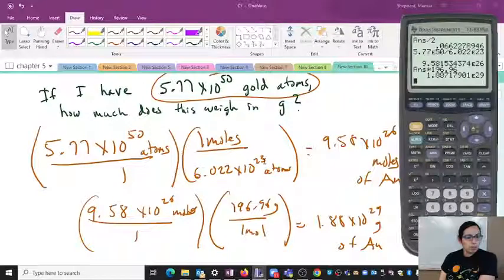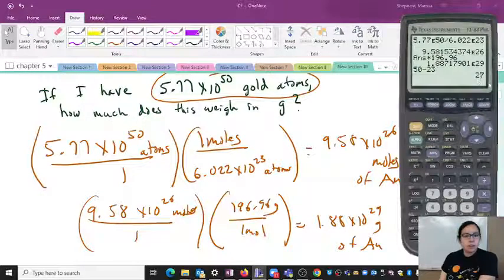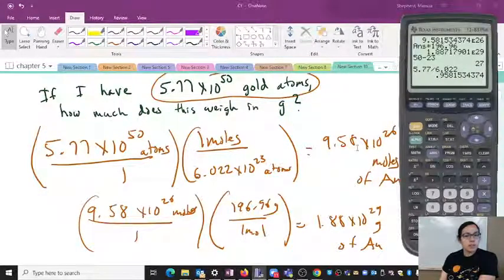So 50 minus 23. If you were doing it by hand, that would give you 27, and then 5.77 divided by 6, and that's where that factor comes in.